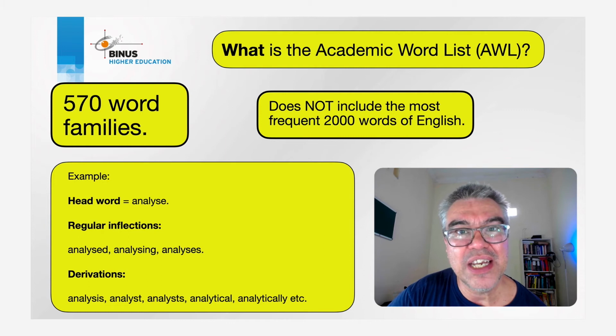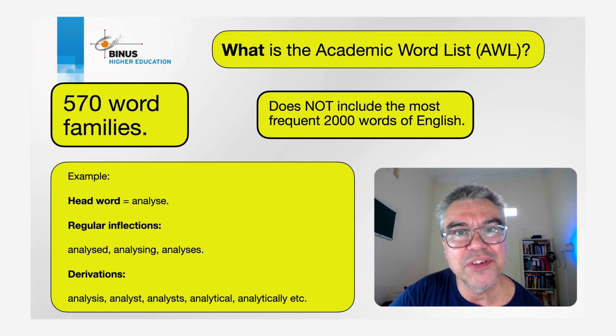And then the other thing that grows this word family is the derivations. If you take one word, you can take the plural form, the noun form, the adjective form, and an adverb, and so on. For example, with analyze, we might have analysis, analyst, analysts, analytical, analytically, and so on. So you can see that one word builds up this family of associated words.